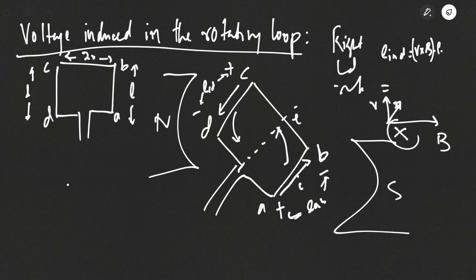Currents into the plane of the page will be represented by a cross, whereas currents out of the page will be represented by a dot. So wherever we need to show current into the page, we'll use the symbol cross. Wherever we show the current out of the page, we'll use the symbol dot.